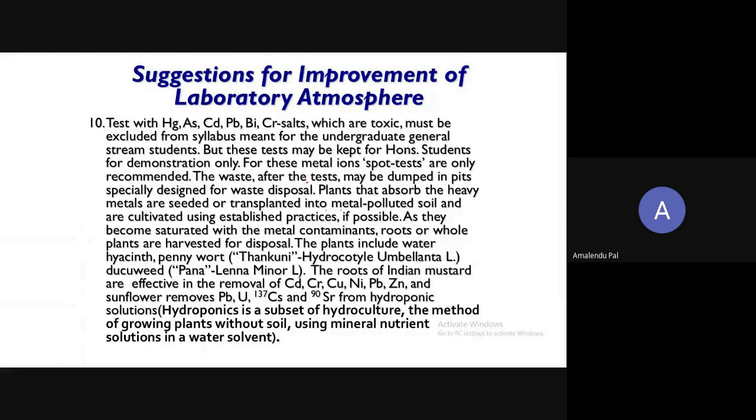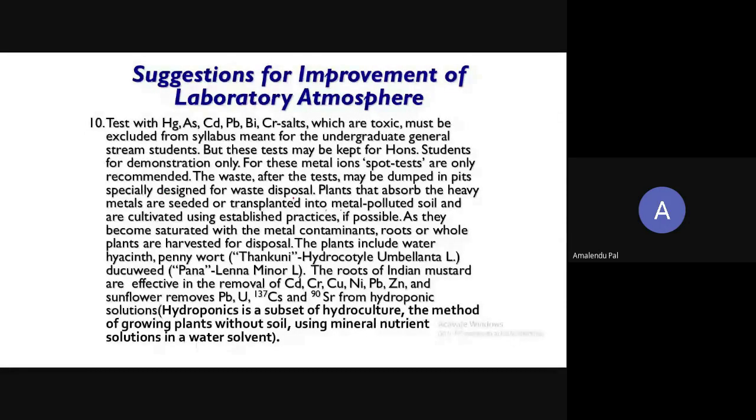The waste after the test: what do we do? If we have mercury or arsenic, we throw it into the open air. We should not do this. The waste after the test may be dumped in pits specially designed as a waste disposal place.